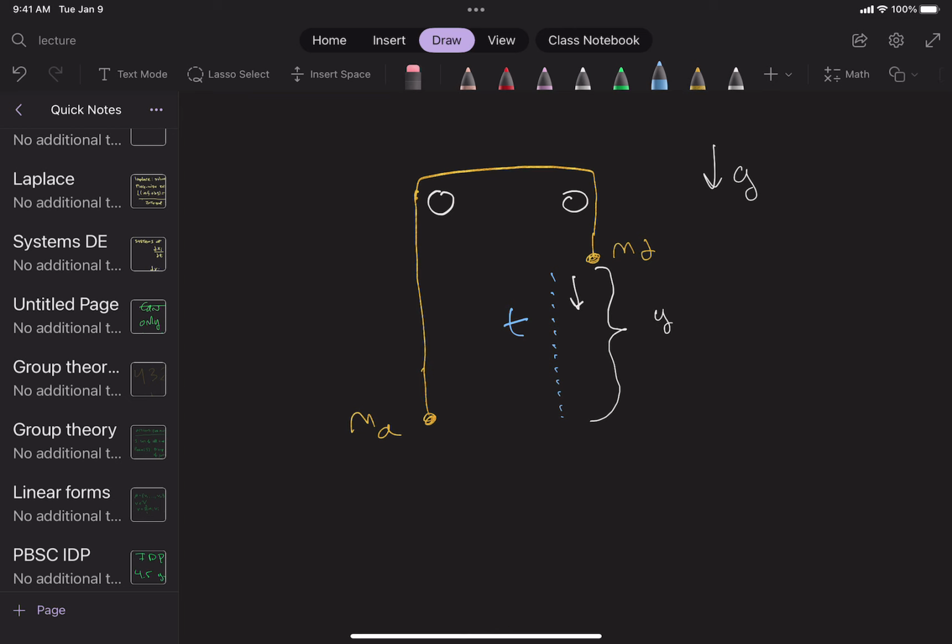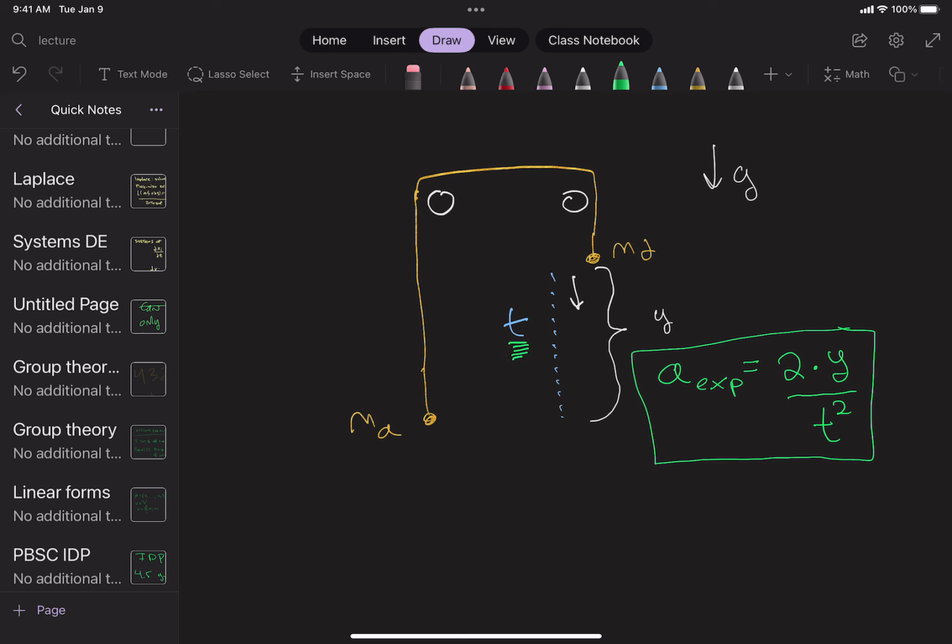From there, another equation for acceleration is this one: the experimental acceleration is given by 2 times the height that the object drops, divided by the time squared. So you're going to calculate the experimental acceleration by measuring the time that the object drops.